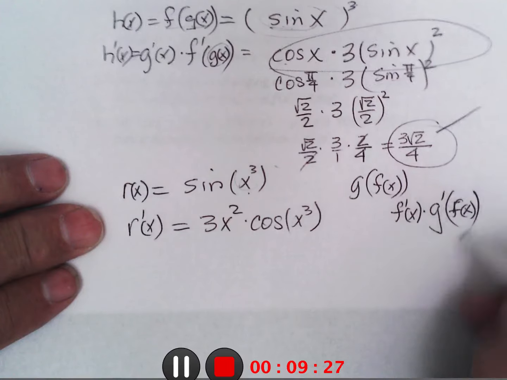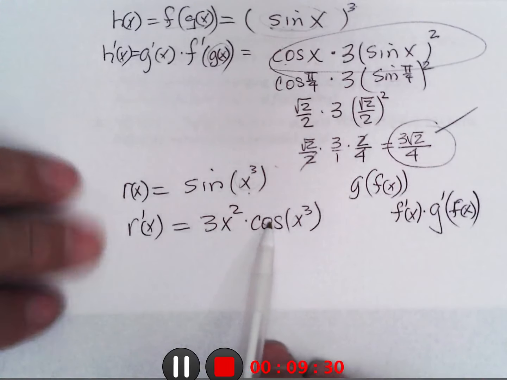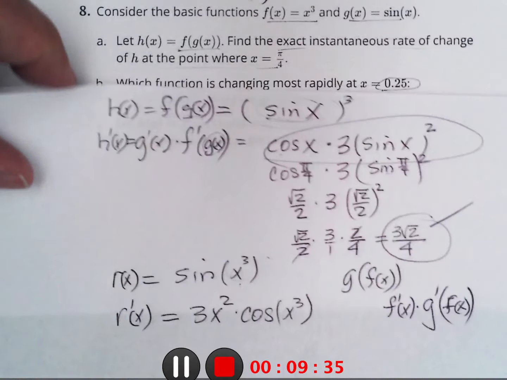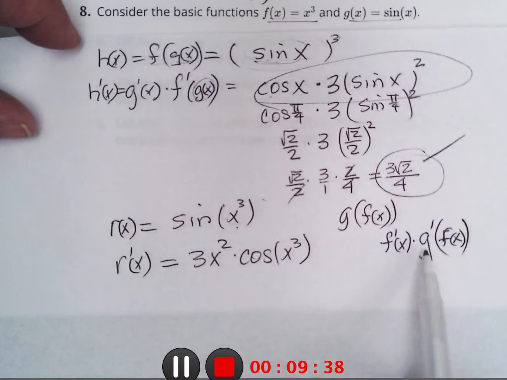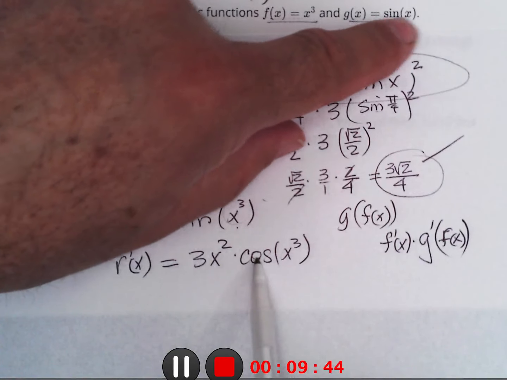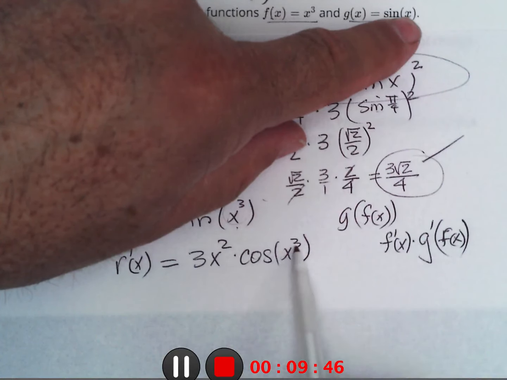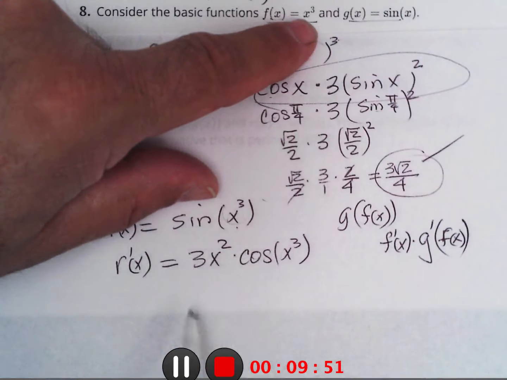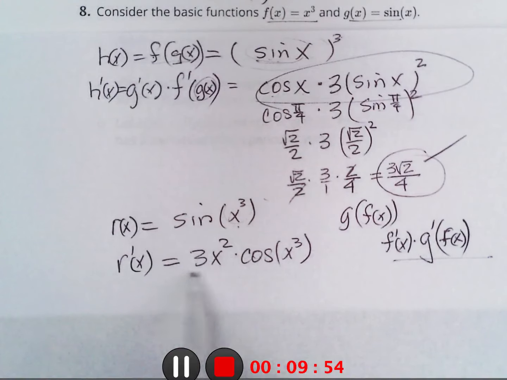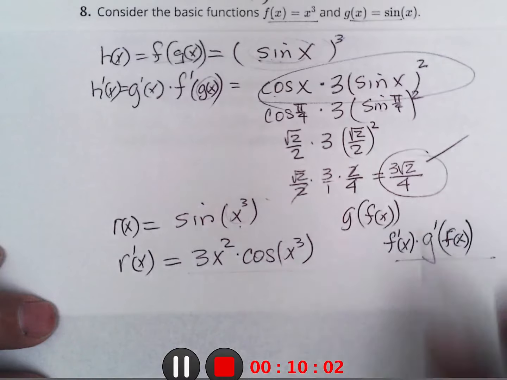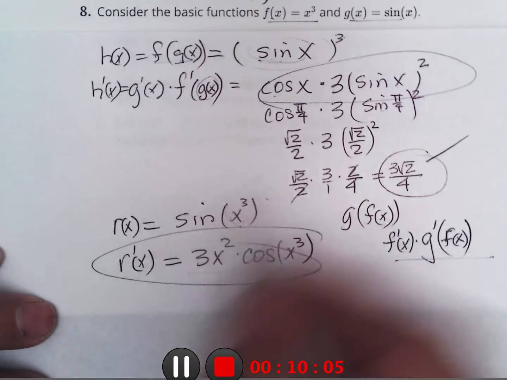So g prime, g was the sine, so the derivative is cosine of the f of x, which is that, and f prime is 3 there. So following the rule, or just doing the derivative of the inside times the bigger picture derivative. And they want to know which is changing faster, this one or this one at 0.25.